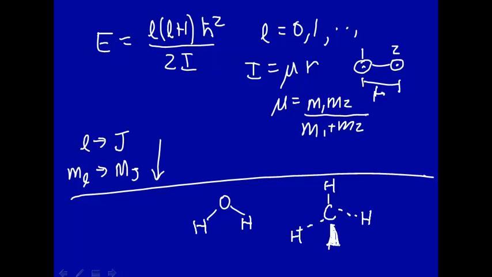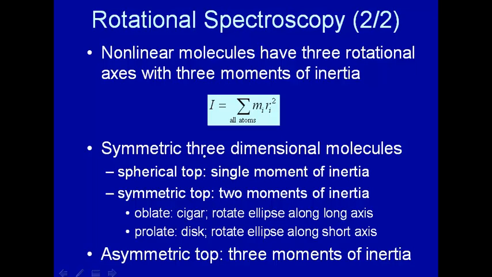How do you treat the rotational motion of this? Well, in general, you talk about rotational axes. And those rotational axes are axes along which you have separate and distinct rotational moments of inertia. Okay, so you would say, this is a rotational axis here, and so on. Those may be different from symmetry axes.